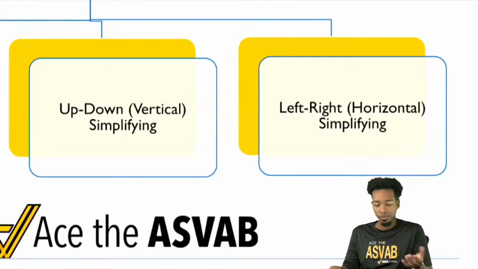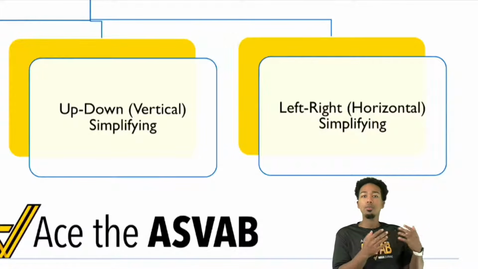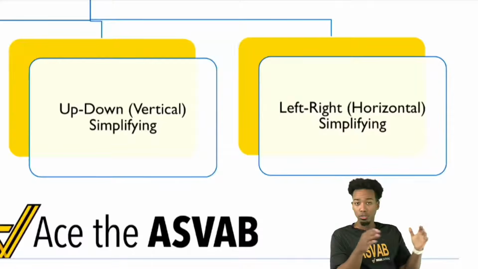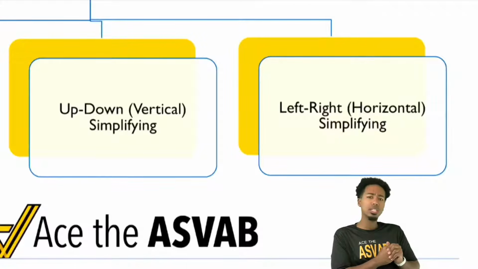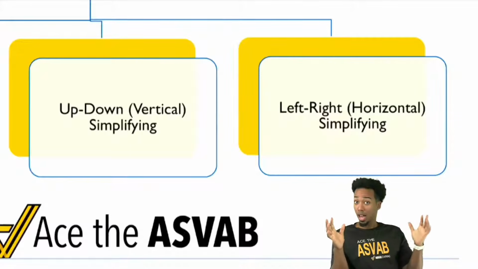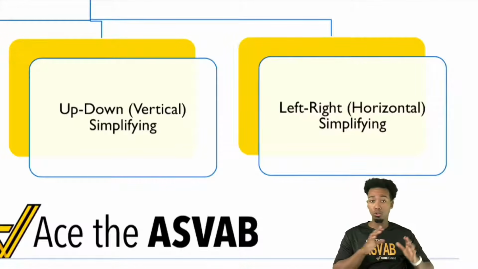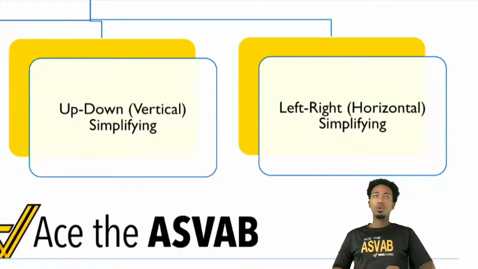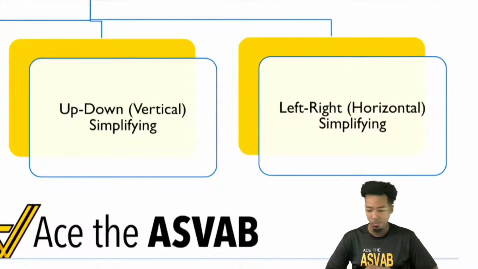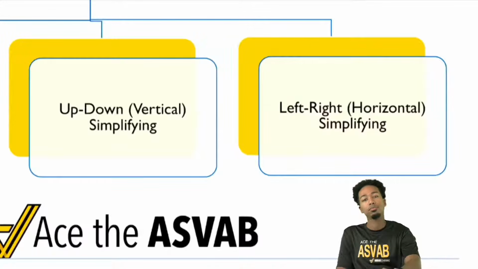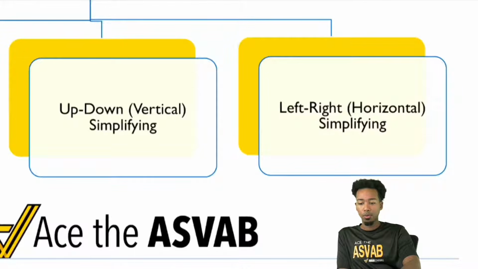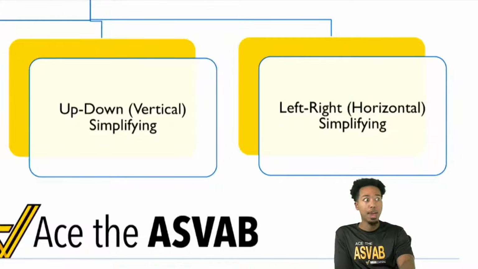For example, has anybody here ever done a problem with fractions, adding, subtracting, multiplying, or dividing, it doesn't matter, but you realized that even after you got done multiplying or dividing, you had to do a ton of simplifying that was really annoying? Who's been there before? If you're working on fractions in the math boot camp, it happens all the time.